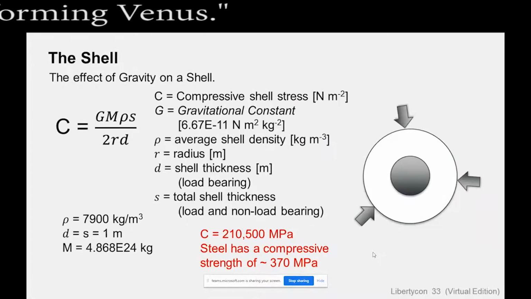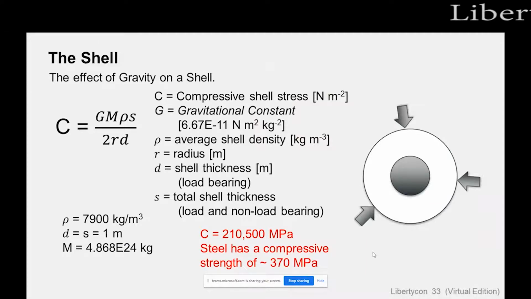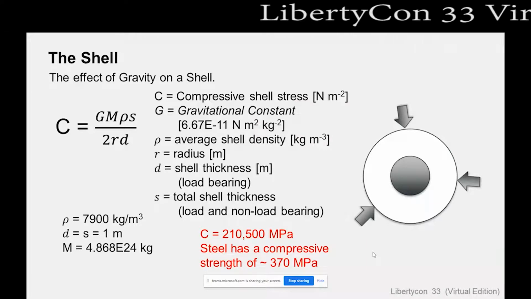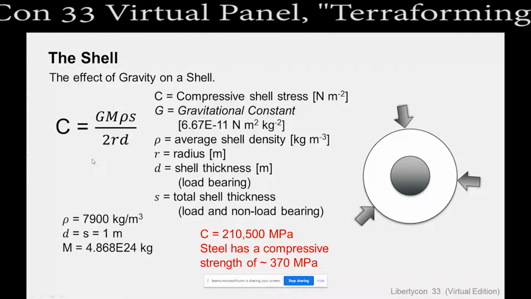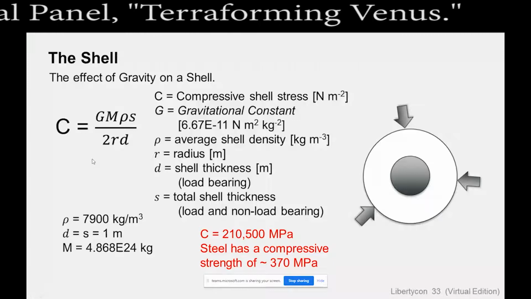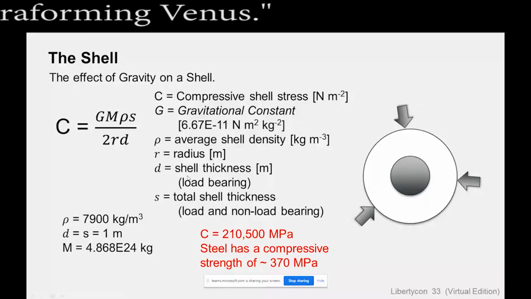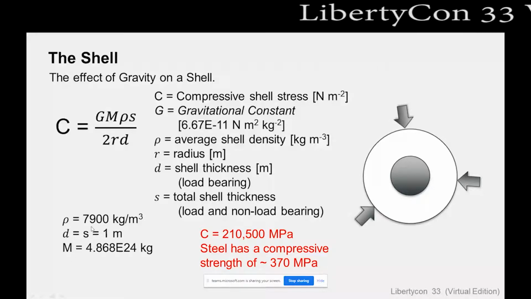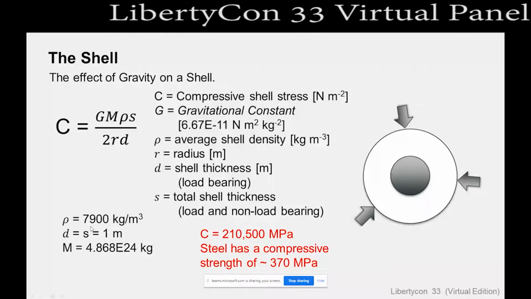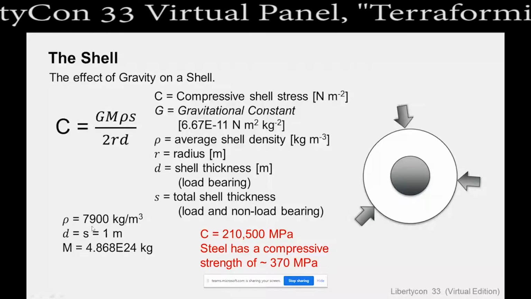But there's another force in play, and that's gravity. Because we built this shell around the planet, the gravity is going to be pulling on the shell. And we know how to calculate the compressive strength of gravity pulling on a spherical shell. And here are the variables. Again, the density, this is what typical steel would weigh, about 8,000 kilograms per cubic meter.